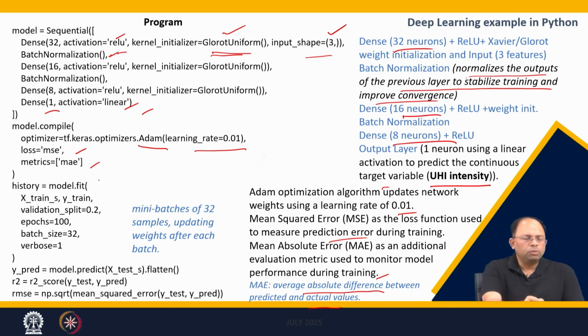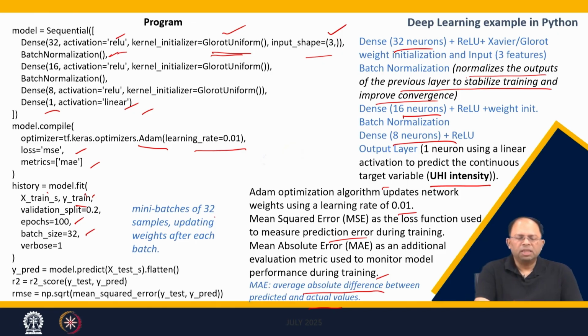Then we fit the model with model.fit. X train and y train are the input features and the prediction, both given here. The validation split is 0.2, that is, we keep 20% for validation. The total number of iterations that we will go through is 100, and batch size is 32.